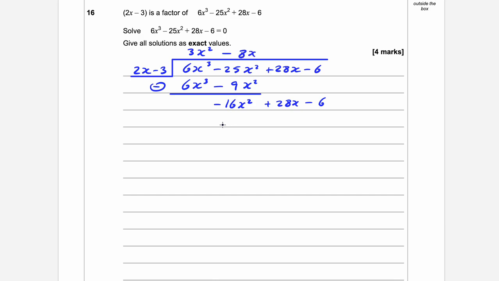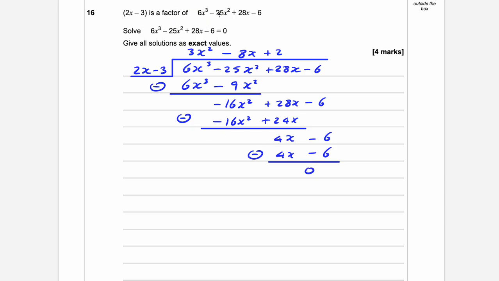Multiply, minus 16x squared plus 24x. Again, subtract. This is 0. This minus this is 4x. Bring down the 6, minus 6. 2x into this goes plus 2. 2 times this is 4x, and 2 times this is minus 6. These cancel, and I get 0, which I expected because it's a factor.